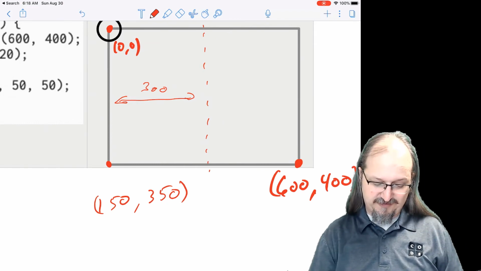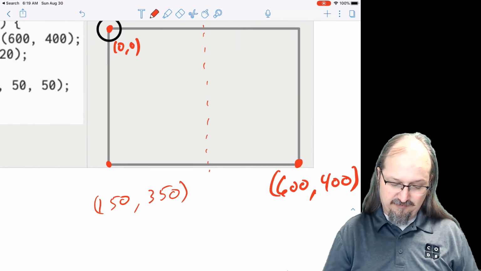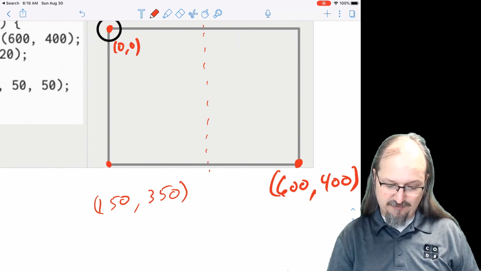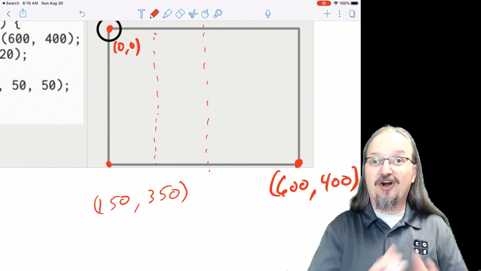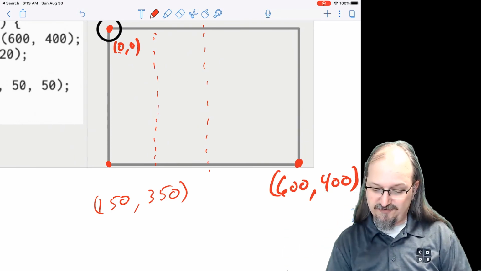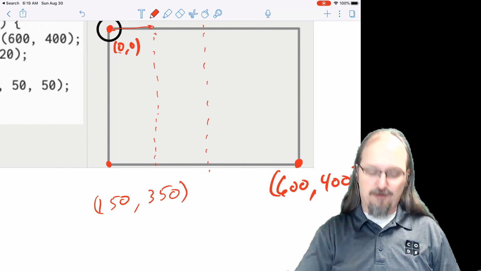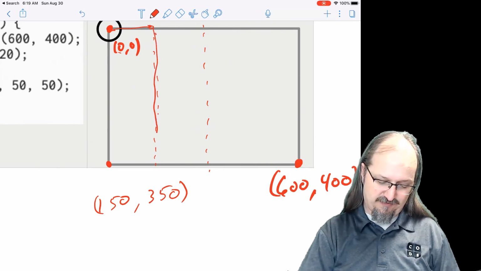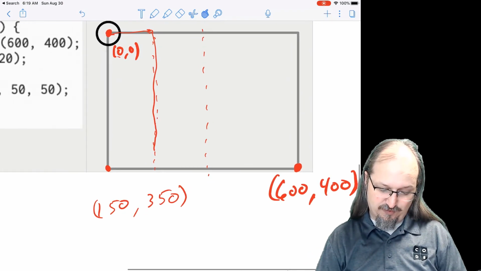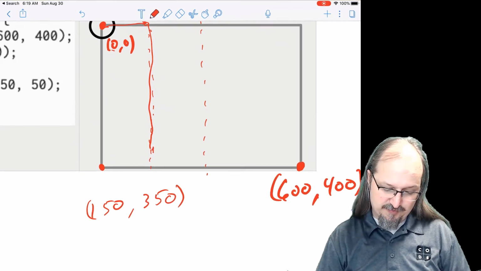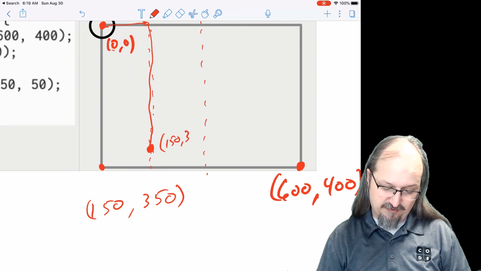So if I want 150, that's going to be half of that, right? So half of 300 would be somewhere along this kind of mystical, magical line, because that's our x coordinate. We're going over 150 from our origin. And now we've got to figure out how far down we go. We're going to go down 350, which is almost to the bottom because the bottom is 400. So this point right here would be about 150, 350.